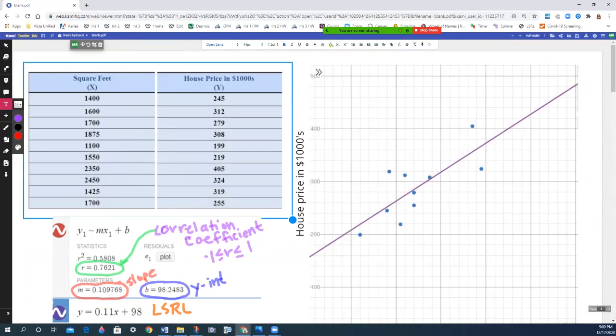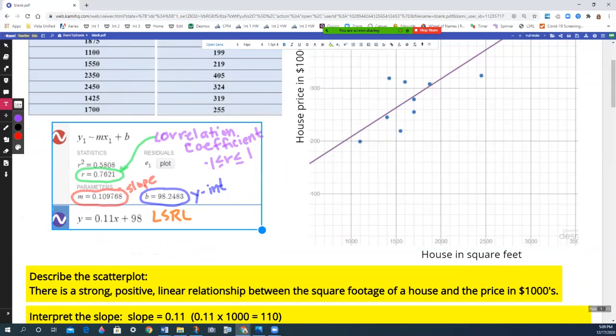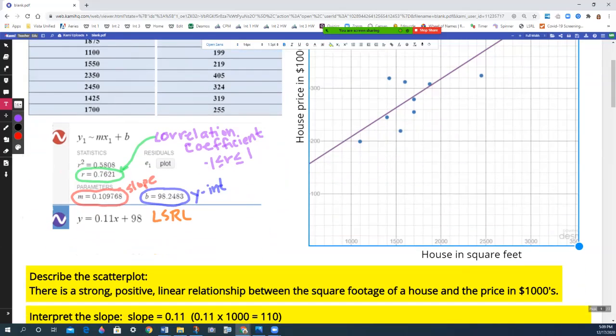Well, the price of that should be 324,000 in terms of the table, actual data. We want to know, what is it in our predicted model? So I'm going to use the 2450 in this 0.11x plus 98.